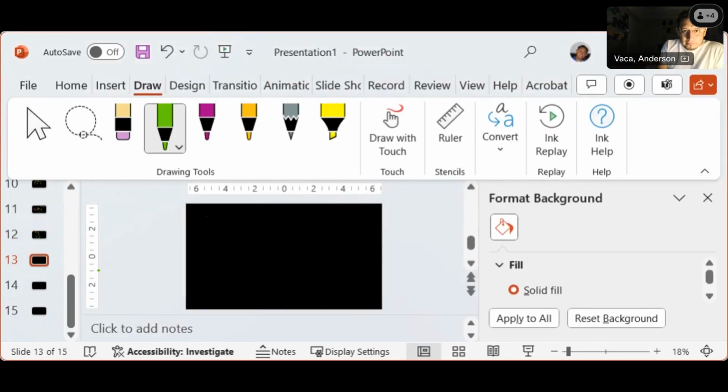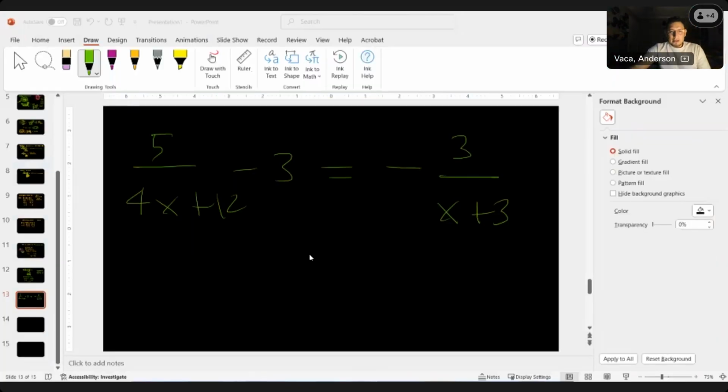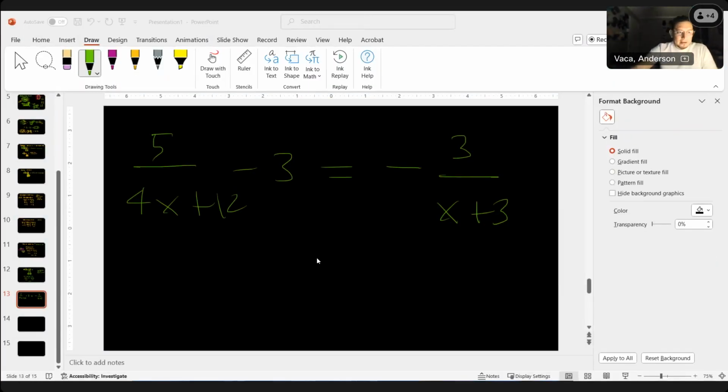So 5 over 4x plus 12 minus 3 is equal to negative 3 over x plus 3. All right.